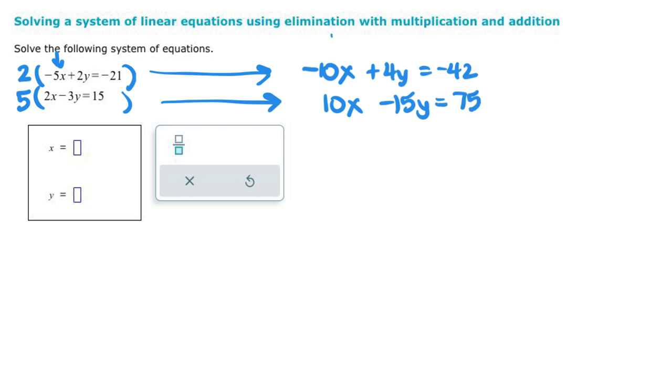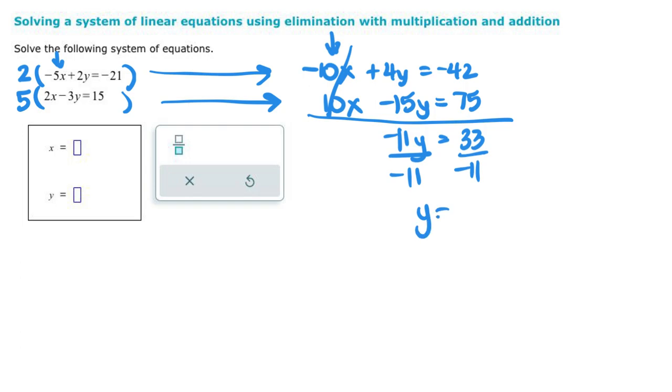What I've done here is create equivalent equations where one of my variables cancels. I have opposites now. So when I add my two equations, my x's cancel out. My y's become negative 11y, and this is positive 33. I can divide both sides by negative 11, and I get y is equal to negative 3. So I would enter that in ALEKS if I were doing this problem in ALEKS. Now we know what y is, and we can replace it in either one of our equations. I always go back to my original equation.